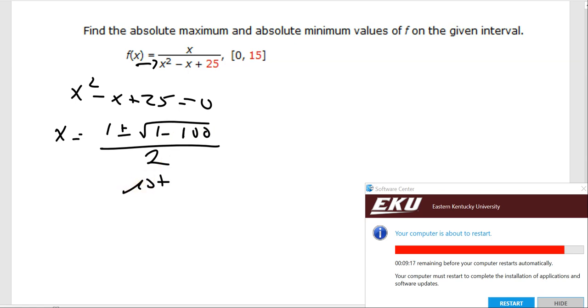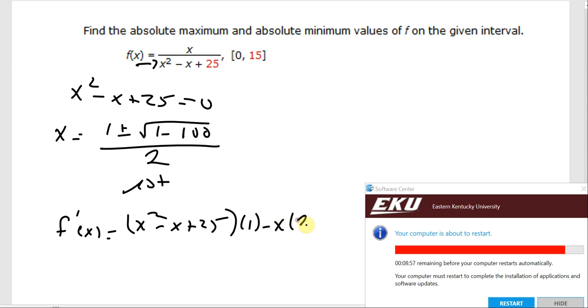We're in good shape. I need to find the derivative. So the derivative of this thing times 1 minus, and then leave the numerator alone. The derivative of the denominator would be 2x minus 1, all over that denominator squared.